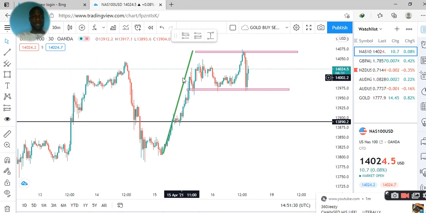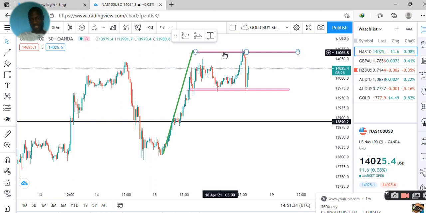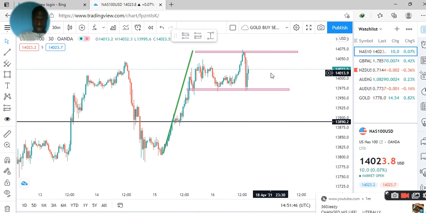And how do we trade the bullish flag? Of course, we wait for the break of this upper resistance. And right now, price can still play around in this, but my main interest, if I'm going to take this trade, is I want to see price breaking this, and I can buy.